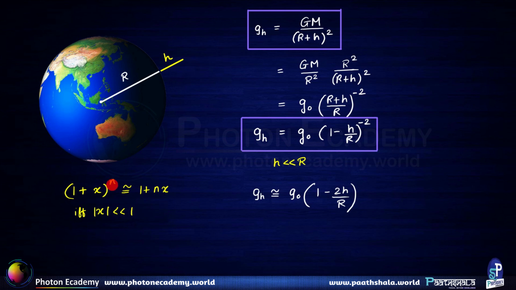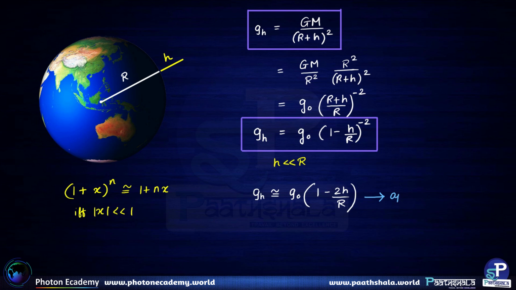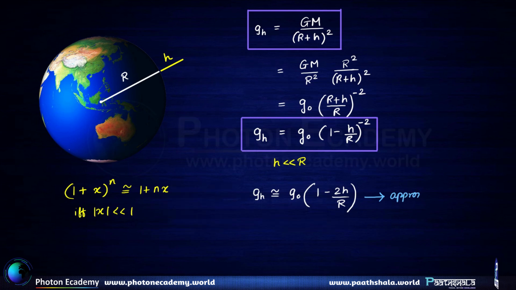Also, another thing to note is the index n over here happens to be minus 2. So minus 2 is being multiplied over here. So this is the approximate expression for acceleration due to gravity. Okay, so basically this is valid in the limit that h is less than capital R, the radius of the Earth.